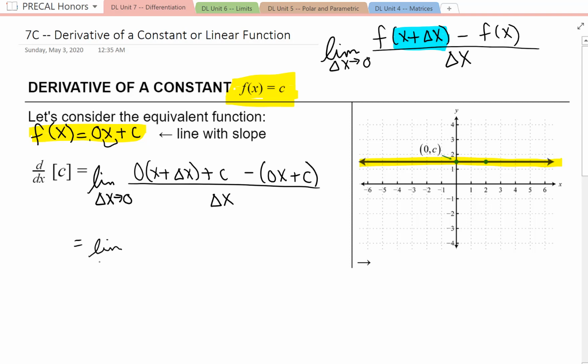Continue to algebraically reduce or simplify. 0 times anything is 0. We have c minus 0x, which is also 0, so what's left is c minus c all over delta x.